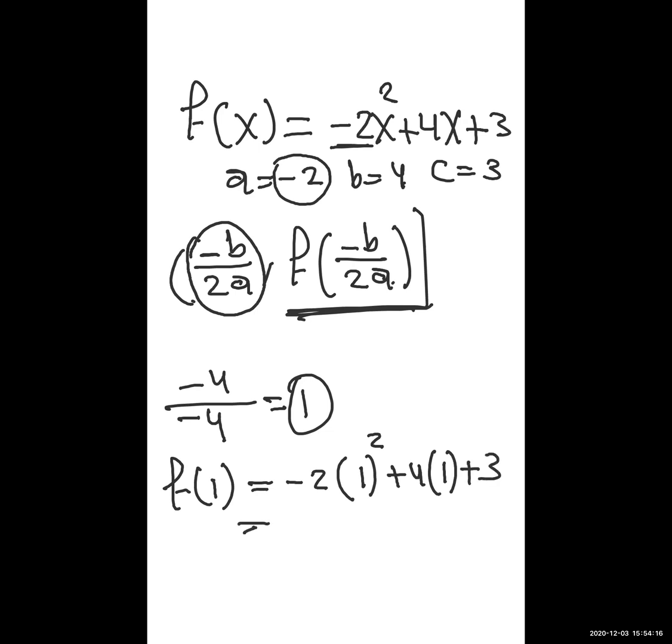So 1 squared times negative 2 is negative 2, plus 4 times 1 means 4, plus 3. So negative 2 plus 4 means 2, plus 3 means it will equal 5. So the vertex point, guys, now is 1 and 5.